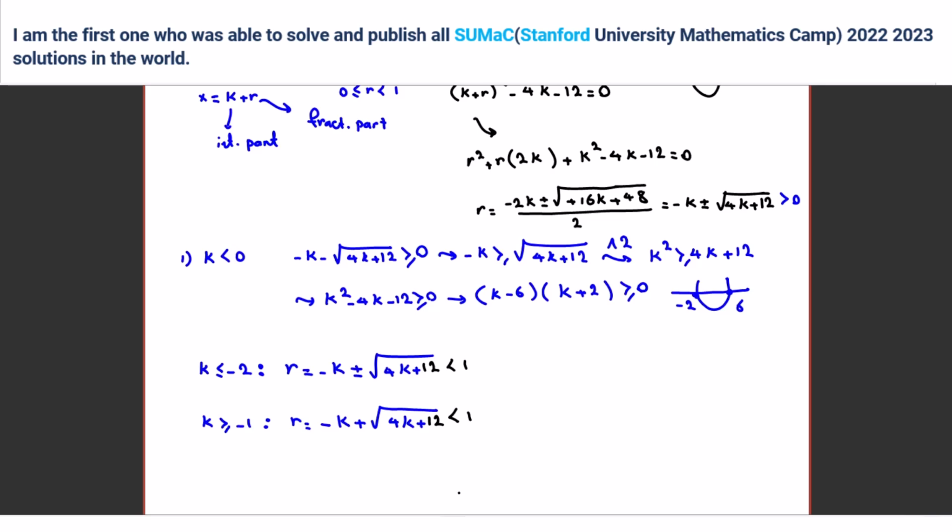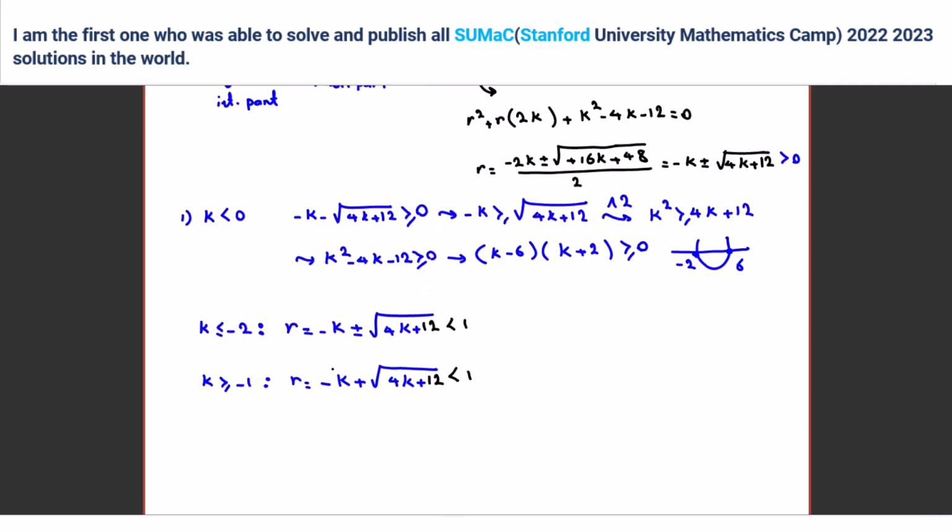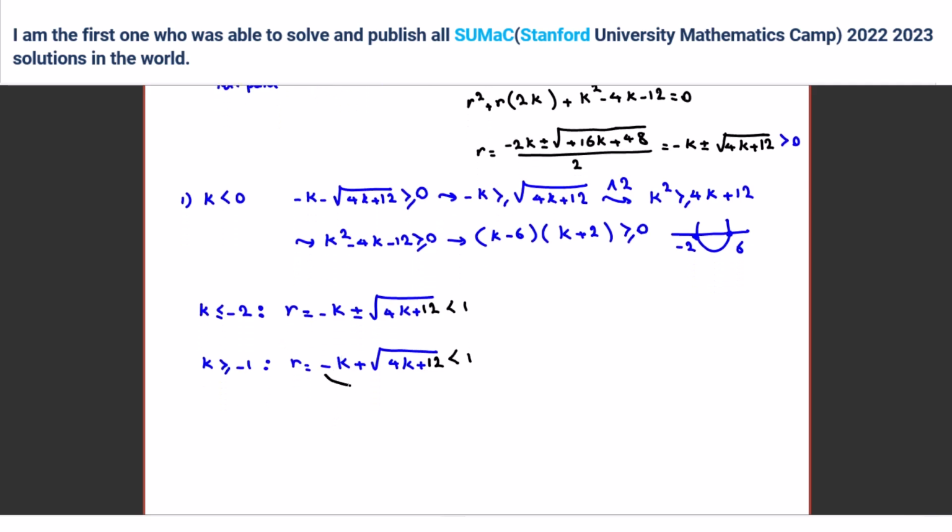And one important thing. Also, when k is positive, do you agree that for large k this one would be negative? Yeah. For large k, because the square root is around the square root of k, it is around k.